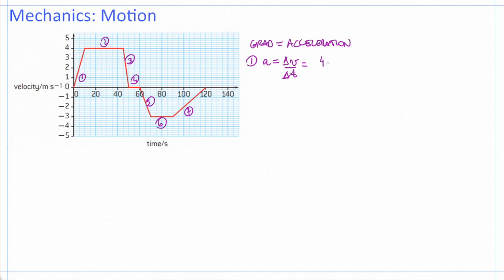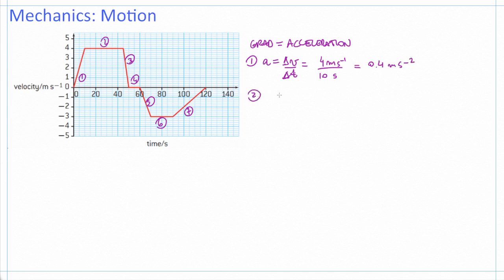So that's 4 meters per second in 10 seconds. Notice what this means. It's an increase of 4 meters per second in its velocity in 10 seconds. So what would be the acceleration? 0.4 meters per second squared.